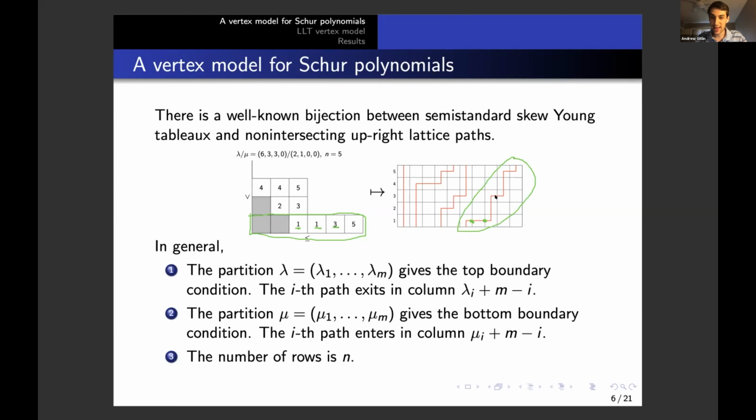This 3 means that I exit to the right in the 3rd row, and this 5 means I exit to the right in the 5th row. Okay, so we do that for each row of the tableau. The partition lambda gives me the top boundary condition, so it tells me where the paths are exiting through the top. And the partition mu is giving me the bottom boundary condition, so it's telling me where the paths are entering through the bottom.